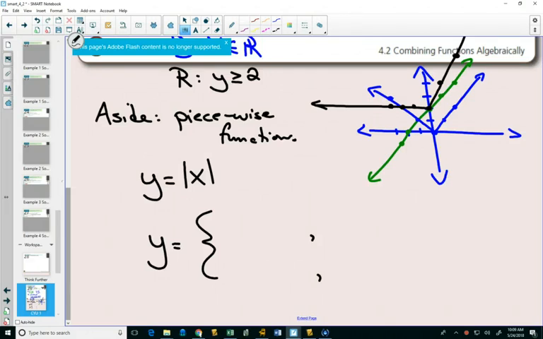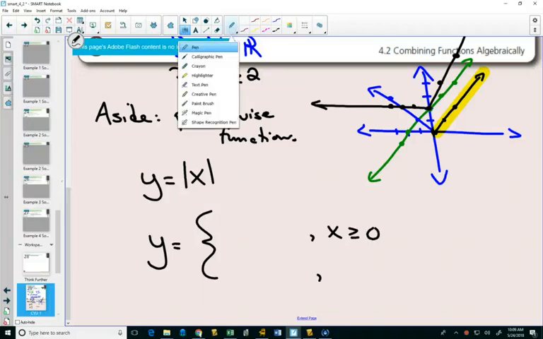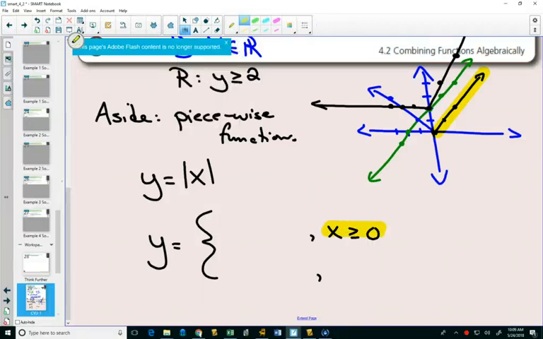Can you see that this piece, which I'm going to highlight in yellow, is when x is bigger than or equal to 0? And I'll highlight that in yellow to correspond to that. And this part, which I'm going to highlight in green, corresponds to when x is less than 0.